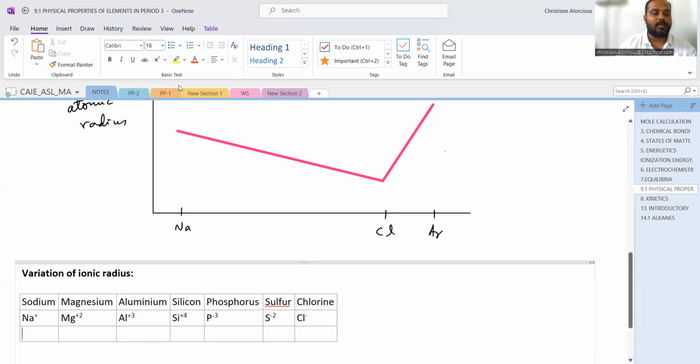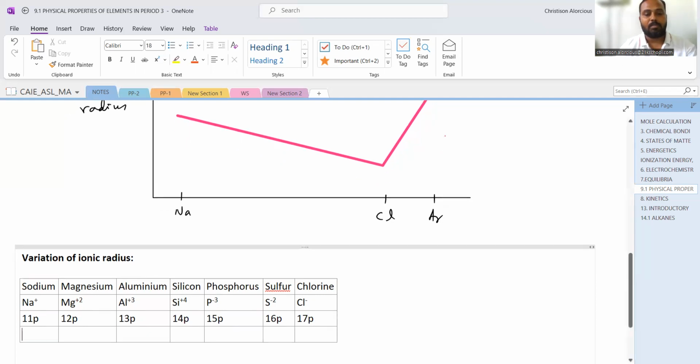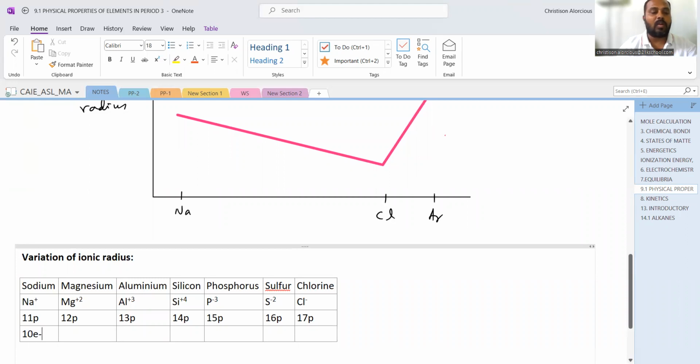If you look at this, the number of protons: you've got 11 protons, 12 protons, 13 protons, 14 protons, 15, 16, and 17. But if we look at the electrons, the cations all have 10 electrons. Remember, they lost electrons to become cations. So all of them have only 10 electrons.